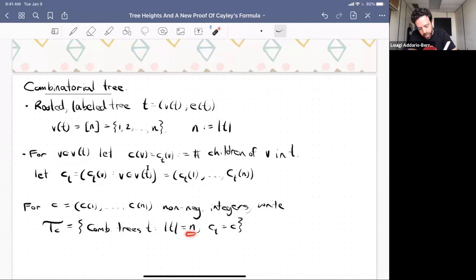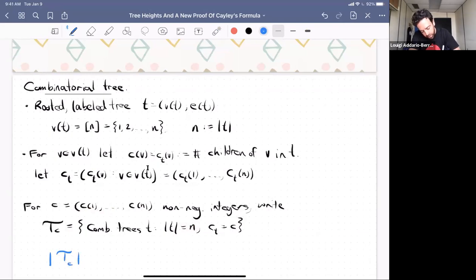Here n is the length of the sequence. That's fine. So this definition works, except that for there to be a tree where the vertices are 1 up to n and vertex i has c_i children, the sum of all the degrees had better be correct.